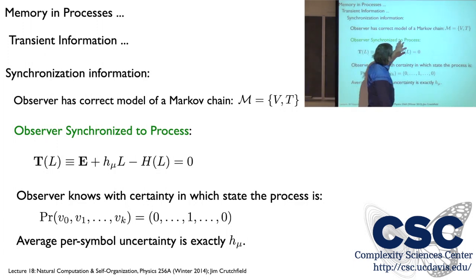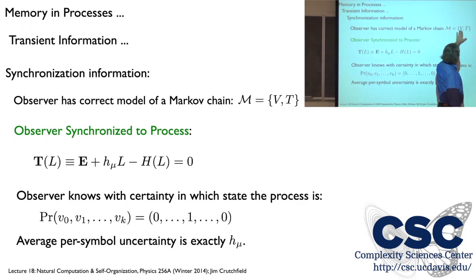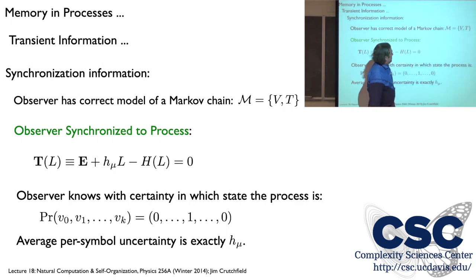Okay, so to be a little more formal about this, the observer has some state-based model, transition structure, and our criterion for synchronization is that the estimate at some length of the transient information is 0, that we're summing up these components. So that's where the block entropy curve meets the linear asymptote. And the goal here is we're looking at how the observer's guess as to the internal state distribution gets updated, and the criterion in terms of the state distribution is that we just have a delta function on one of the states.